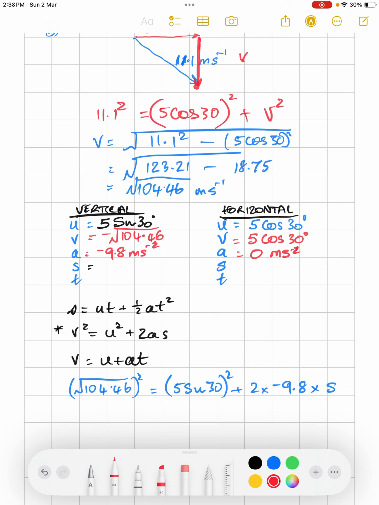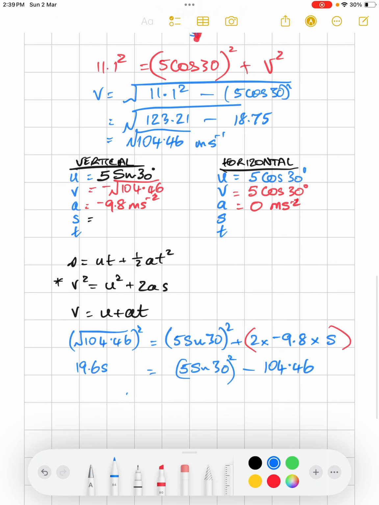So we'll bring the negative across to be positive, so that becomes 2 times 9.8 is 19.6 s, and 5 sine 30 squared minus, and when we square that, that becomes 104.46. And let us divide our numerator divided by 19.6 to get our s.